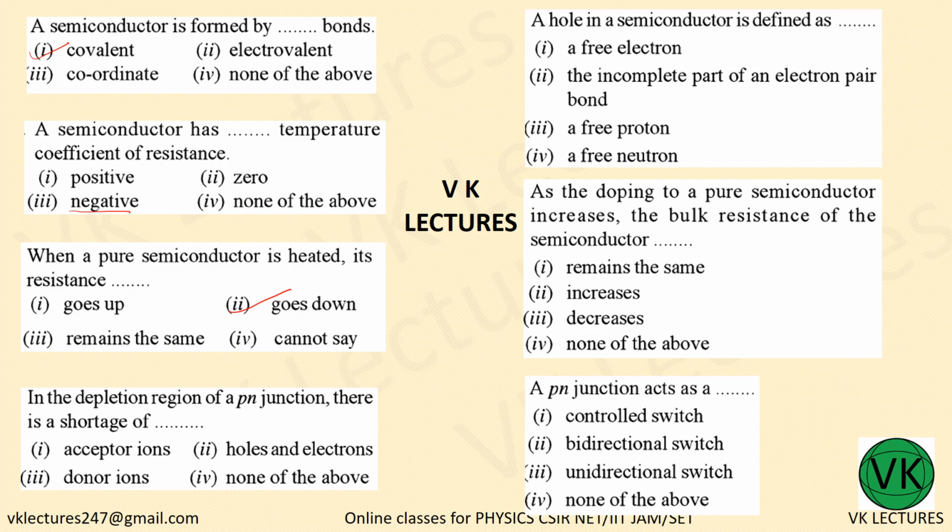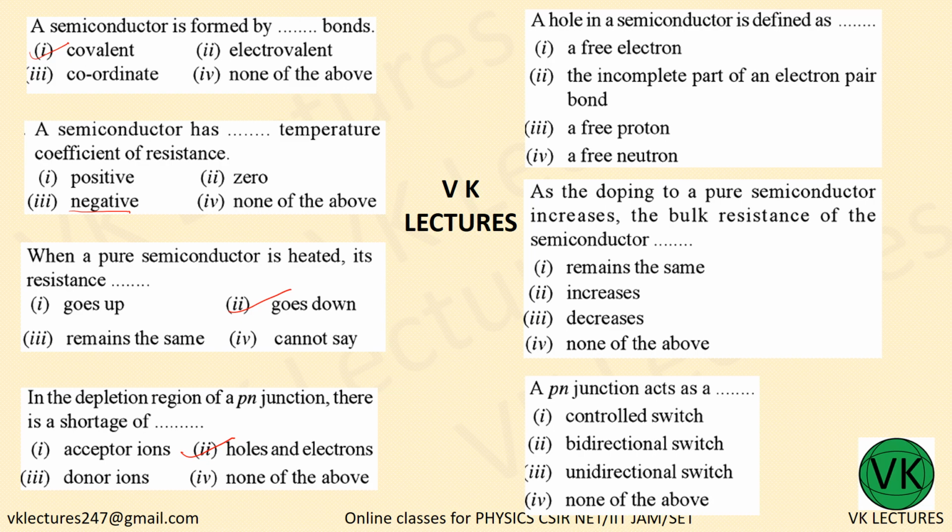In the depletion region of a PN junction, there is a shortage of, is it acceptor ions? There are acceptor ions as well as donor ions. What is missing? Holes and electrons in the depletion region. Why are there acceptor and donor ions? Because of the exchange of holes and electrons.